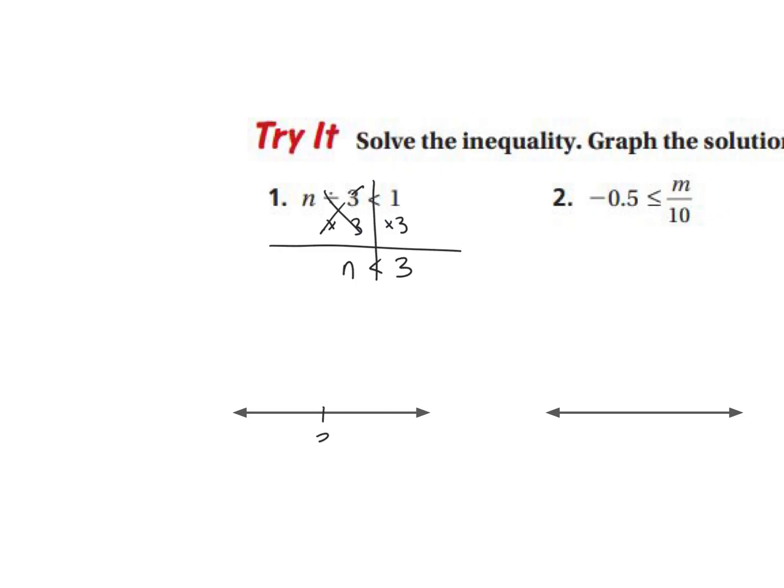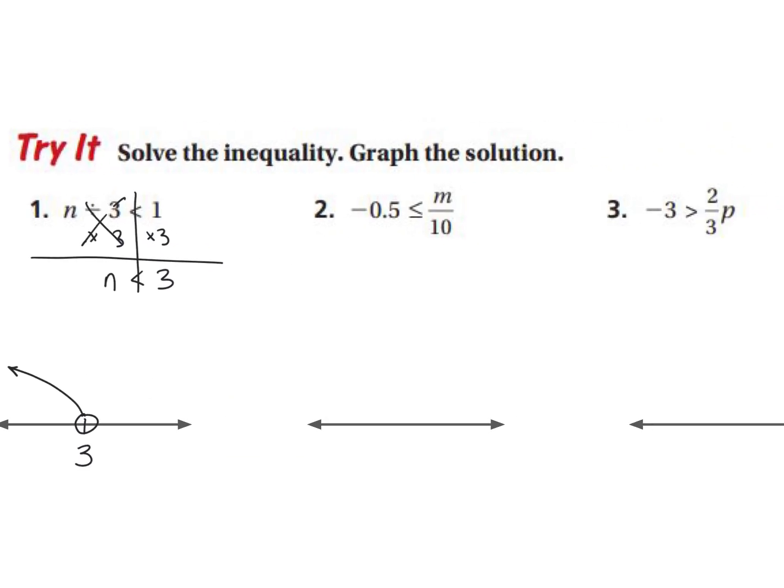On a number line, I'm going to use 3 as my value. I do not have an equal to bar underneath, so I can't use 3 as an answer, so I'm going to leave it in an open circle. And I want numbers that are smaller. Smaller numbers are to the left. We can also see that my inequality symbol is opening up towards the number, which means we have to go left on our number line.